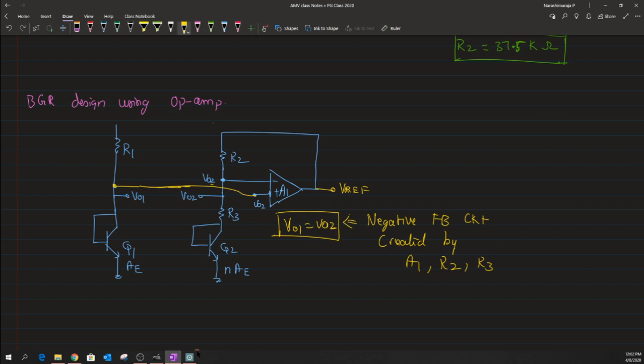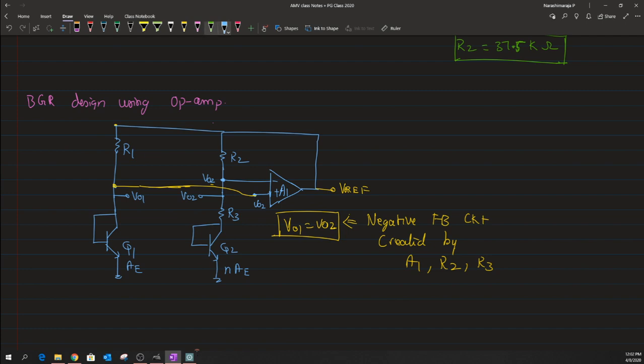We need a potential to be fixed across this resistor R1, and to ensure that the circuit is also supply independent, which means we don't want R1 to be sensed by any variation across our VDD, one can use this V reference output taken out from our op amp A1 and feed it back to this structure. Hope that I'm not confusing you.